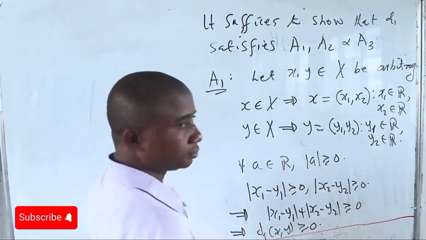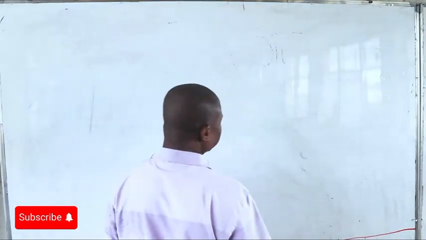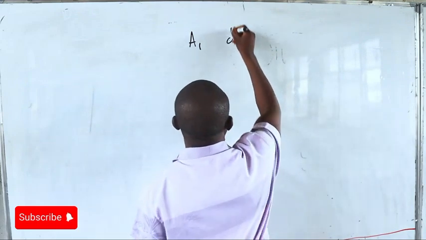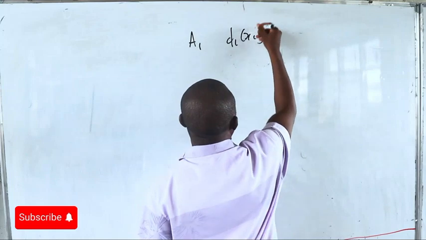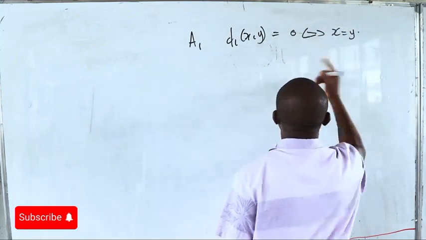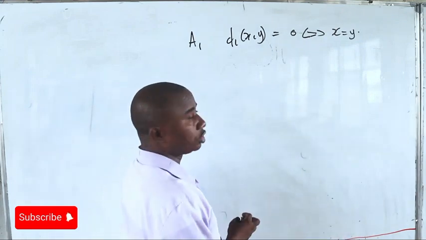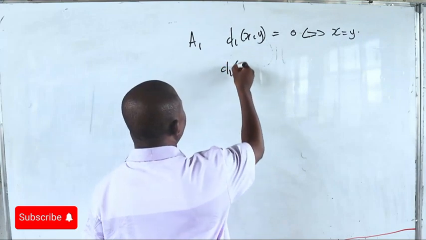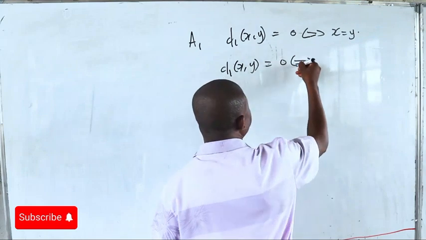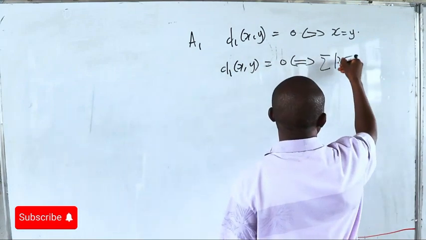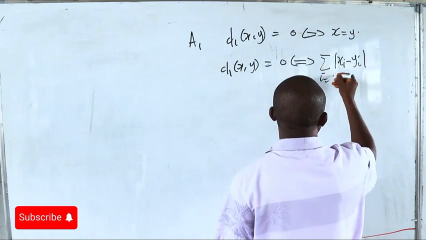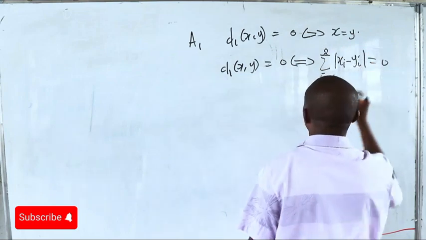Alright. To complete verifying condition A1, we need to show that D1 of x comma y is 0 if and only if x is equal to y. But this is not challenging too, because D1 of x comma y is 0 if and only if the sum of absolute value of xi minus yi, i from 1 to 2 is equal to 0.